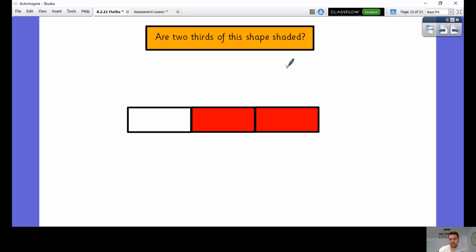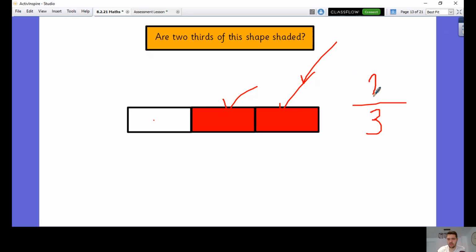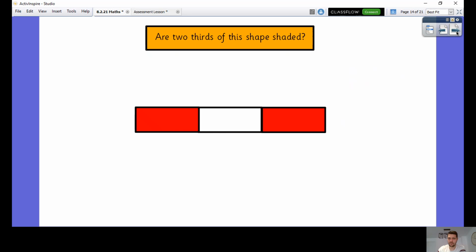How about 2/3 of this shape? So this one, 2/3 are shaded. I have 1, 2, 3 equal parts. And how many of those are we using? 1, 2. So 2/3 of this shape are indeed shaded.